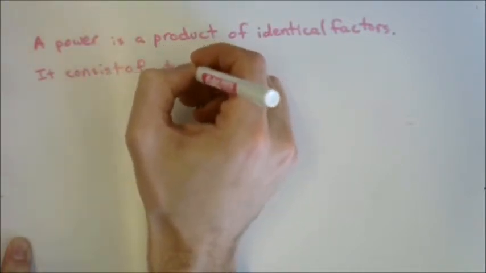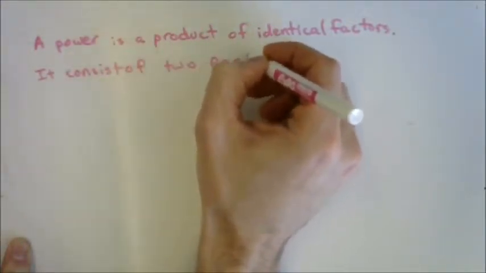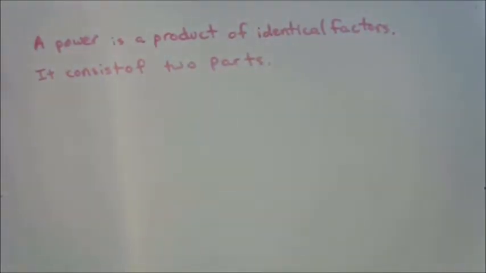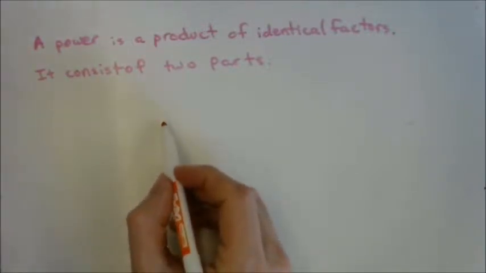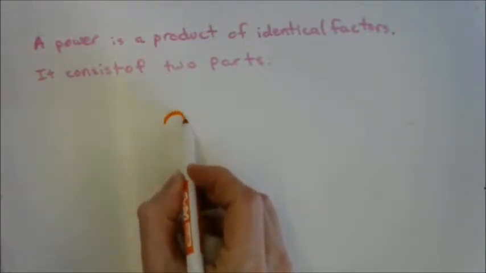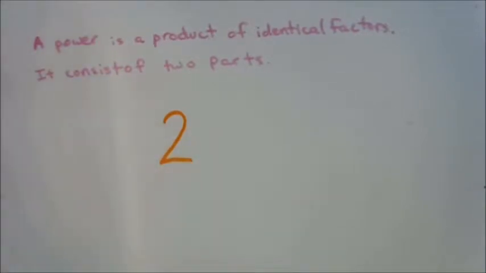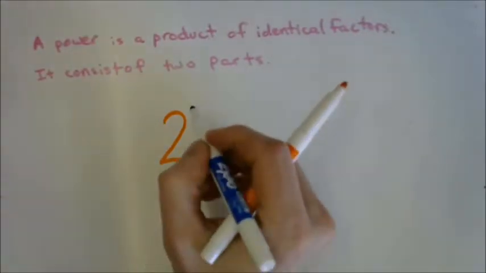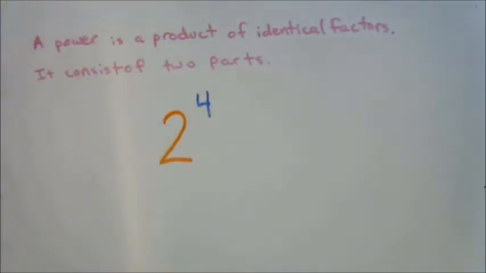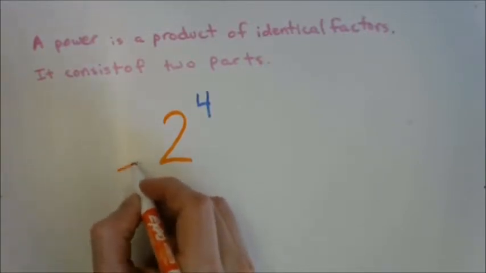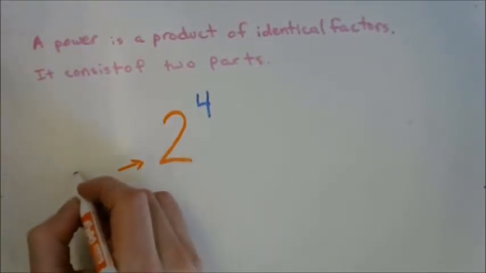It consists of 2 parts. So a power consists of 2 parts. We have, for the example, you can draw this fairly large, 2 to the power of 4, where 2 is called the base.